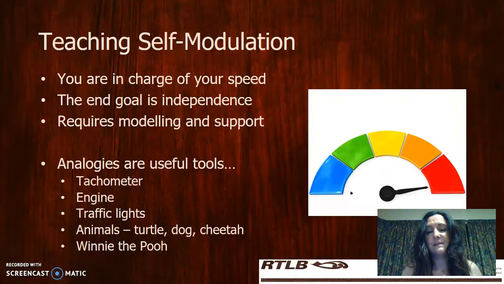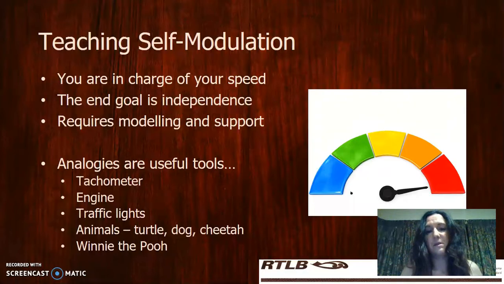So analogies are great to use. There are so many out there. You can use the dial, which is very similar to the Davis dial as well. You can use the engine as an analogy, or traffic lights, using the red and orange and green. And I'll show you a website in a minute that uses the colours.